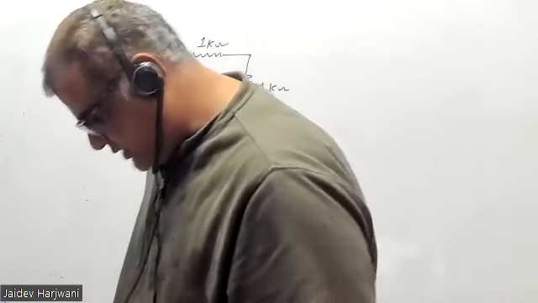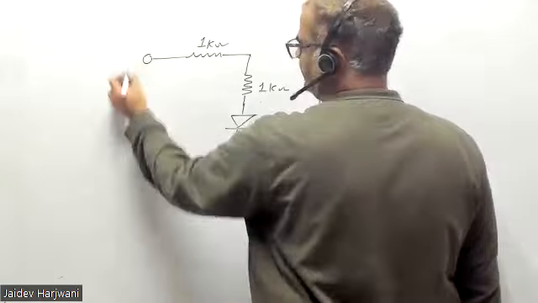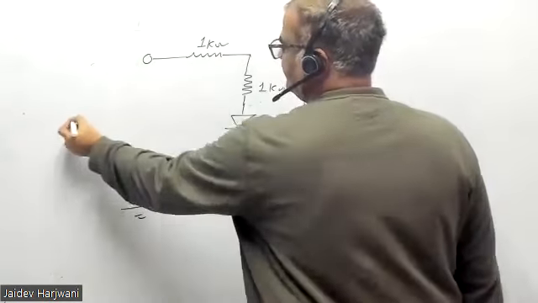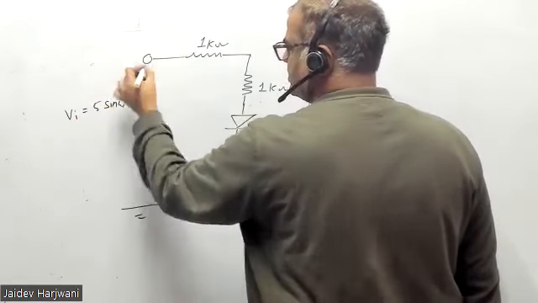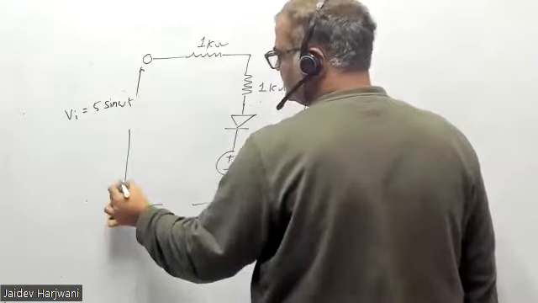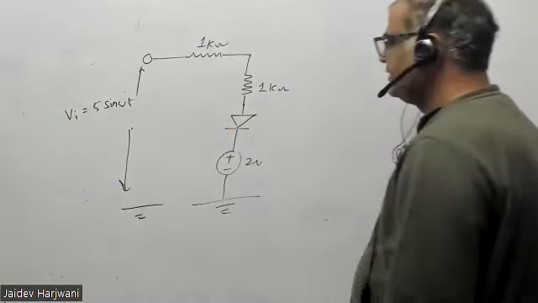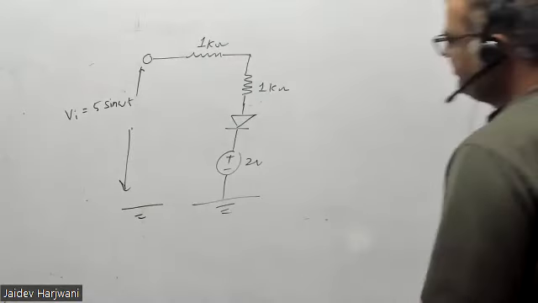I'm applying an input V input with respect to ground, and V input is 5 sin omega t. This is given in the question, so the maximum value coming here is 5. You tell me V output.